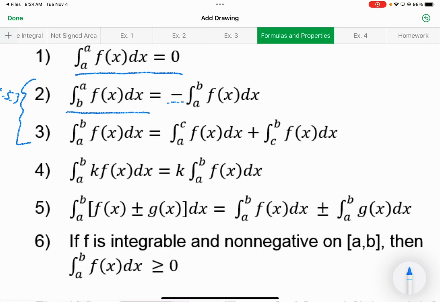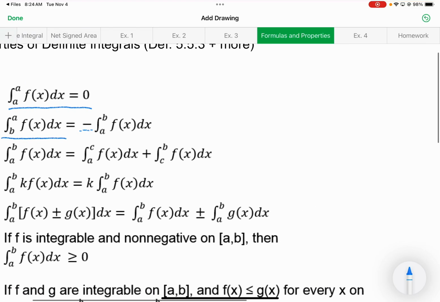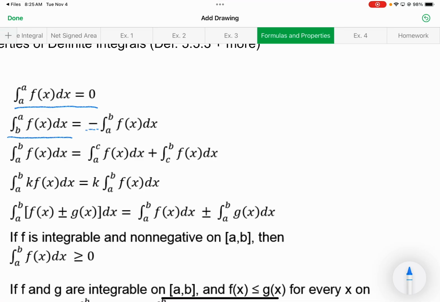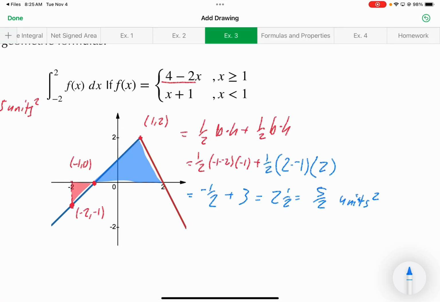We have a theorem for the third one. Initially, the theorem says if c is some number between a and b, then the integral from a to b of f of x dx can be broken up as the integral from a to c of f of x dx plus the integral from c to b of f of x dx. And essentially, that's what we are doing right here.